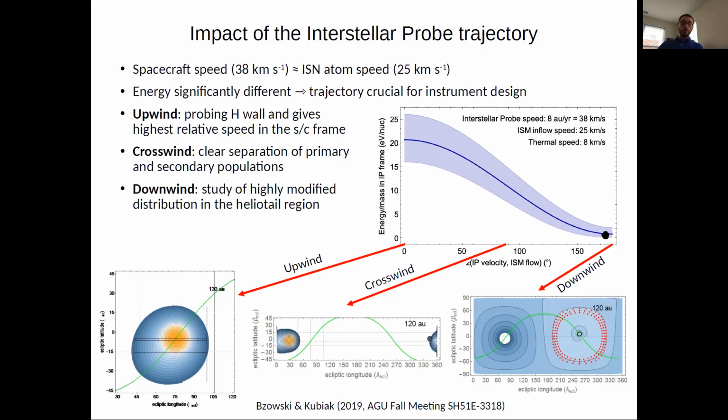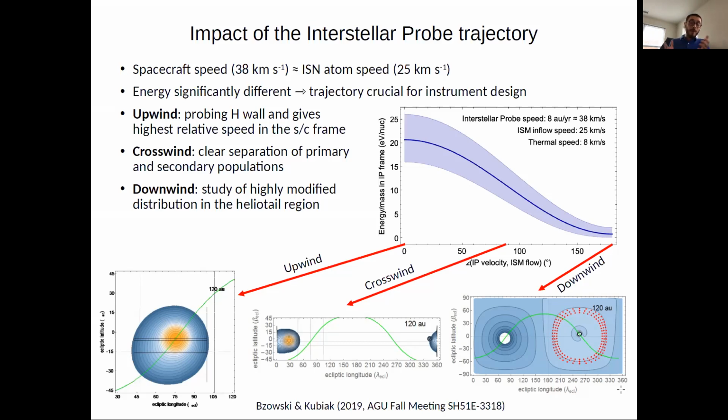In the upwind, of course, we would probe the hydrogen wall directly. This is interesting, because we would be able to see this structure that is probably ahead of the heliosphere. Crosswind, on the other hand, will probably be the easiest to see two separate populations that probably exist in the interstellar medium. And downwind, the signal would cover most of the sky, because in this case we are looking at the difference of this relative speed.